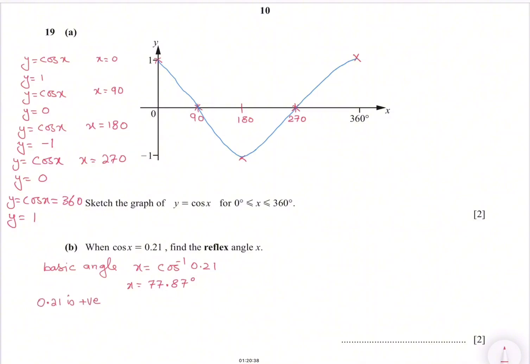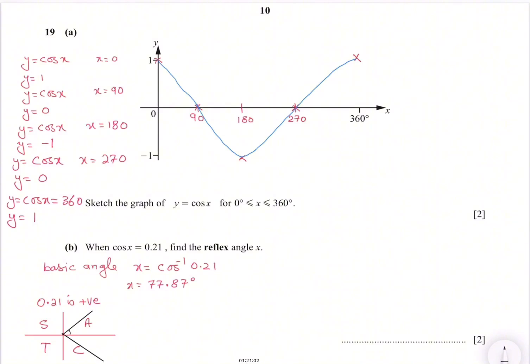And 0.21 is positive, so we have to look where cos is positive in the 4 quadrants. A, S, T, C: A means all, S means sine, T means tan, and C means cos. All means sine, cos, and tan. In the first quadrant, all 3 basic trigonometrical ratios are positive. And here cos is positive.